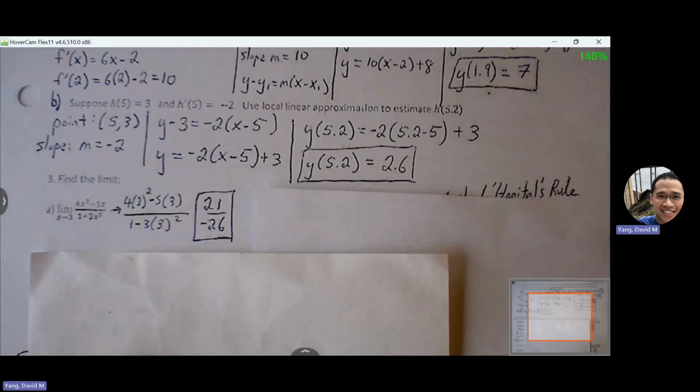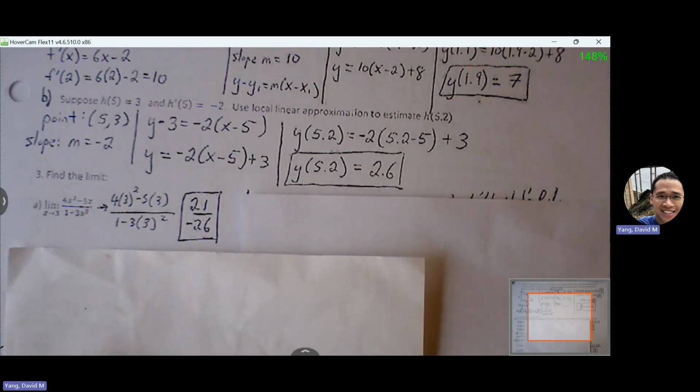So number 3, part A, there is no need for L'Hopital's rule because we already have a limit, so we can stop.